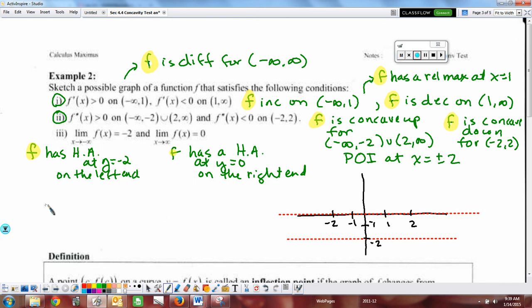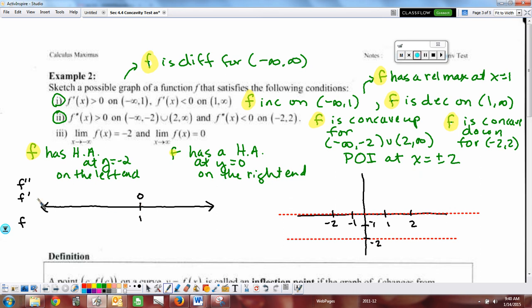All right, now sometimes when we're doing this, we might utilize a sign chart to help organize this information. I'm going to put f double prime here, f prime here, and then I'm going to talk about what f is doing. My critical values for f are going to be at 1. Let's put 1 over here. And that first derivative had to be 0 there because we've already determined it was differentiable everywhere.